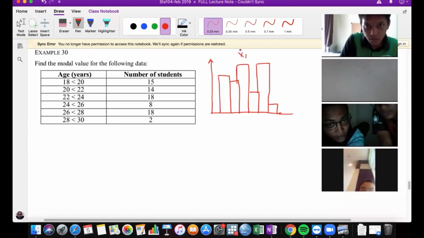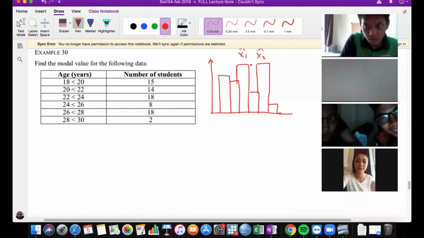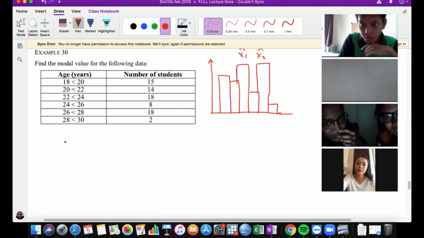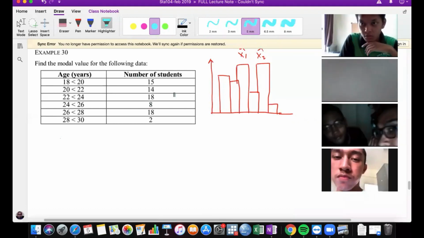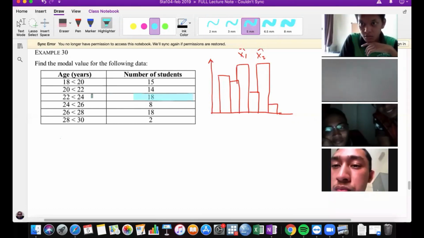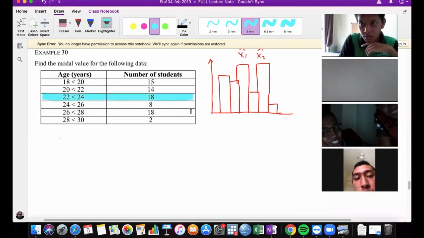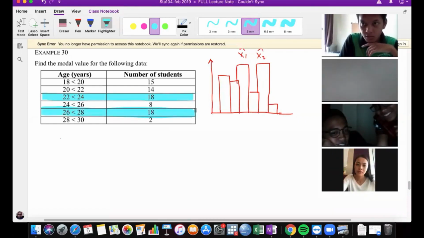This is mode number 1, and this is mode number 2. We have two highest bars. So for this data, we should expect to calculate two modes, because the highest frequency is 18 and we have two of them. Are you okay? Are you clear?